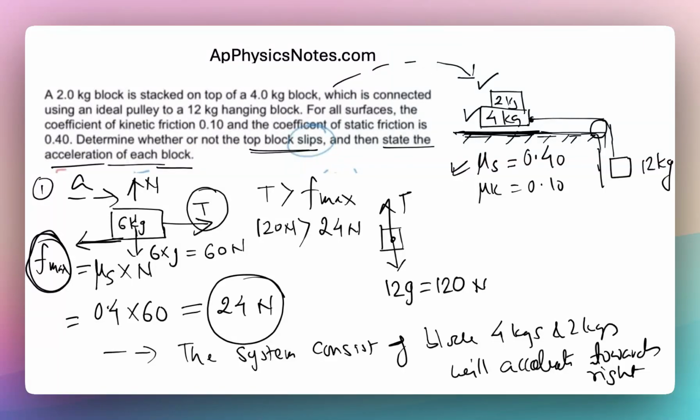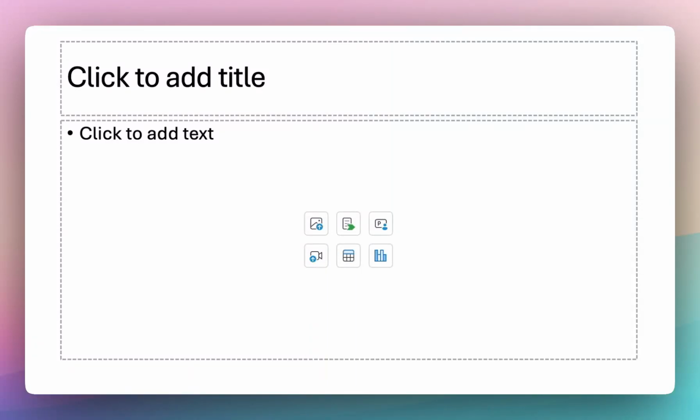In that case, if they're moving together and not slipping, we can find the acceleration using the free body diagram. So we are going to redraw the free body diagram and see what that number looks like.